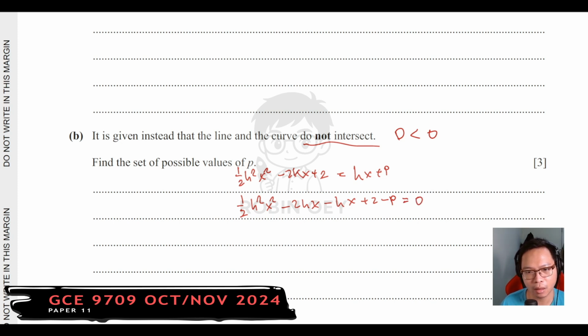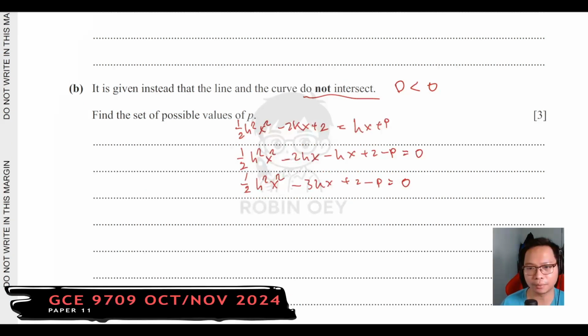Okay, so the 2kx will become k square x square negative 3kx plus 2 minus p equals 0. So again, this is our intersection equation.